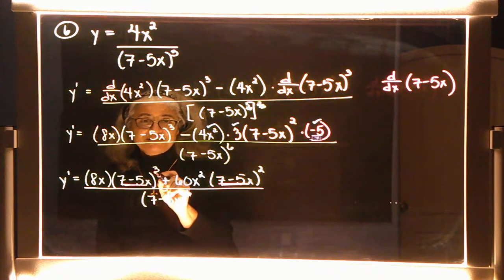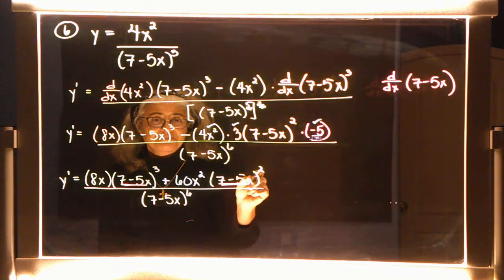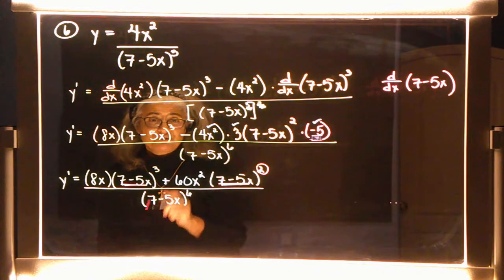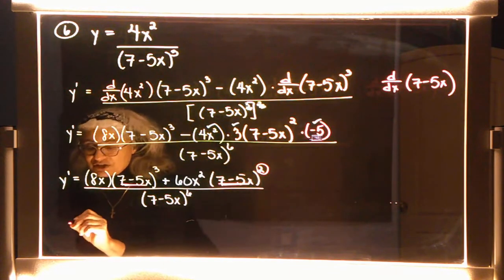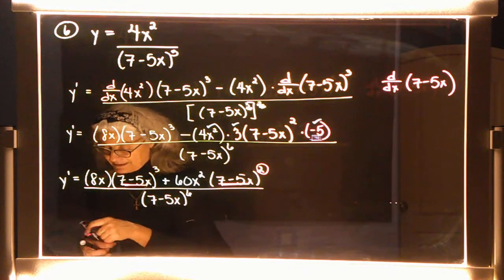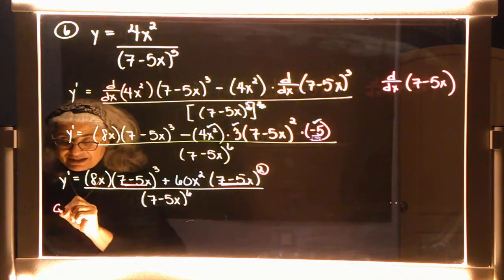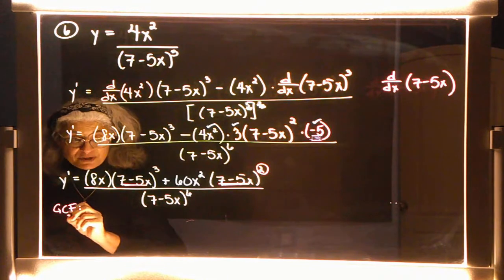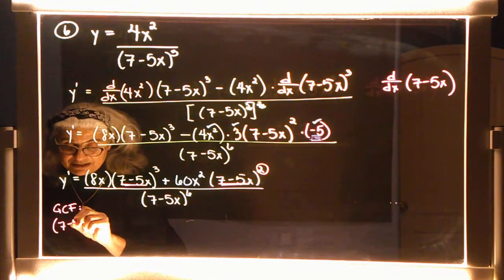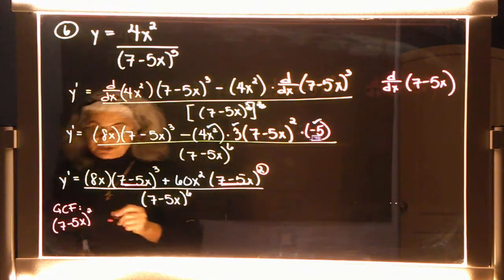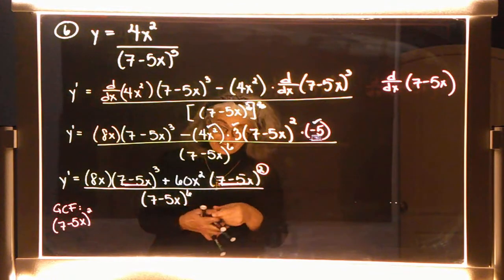Now, since this one has 3 of them and this one has 2 of them, you can only take out 2, can't you? So we have in this case the GCF, which is (7 − 5x)^2, and that's what we're going to take out.